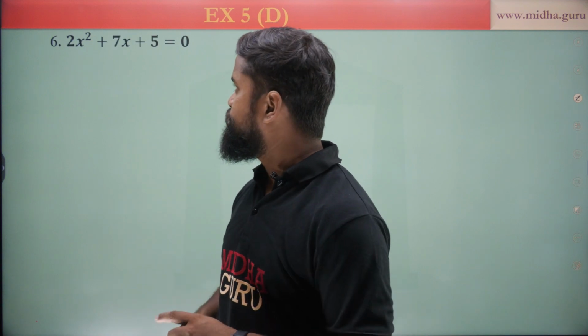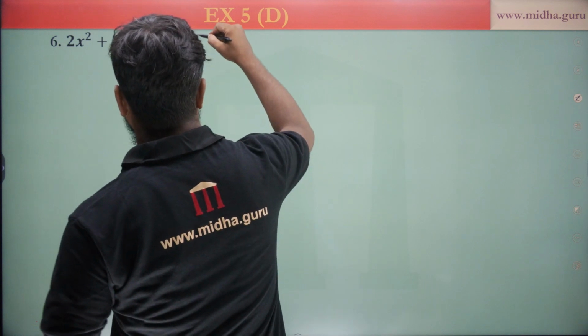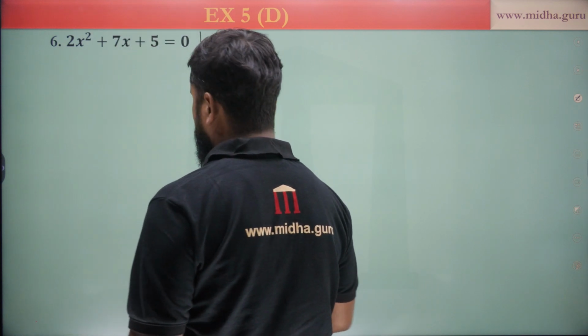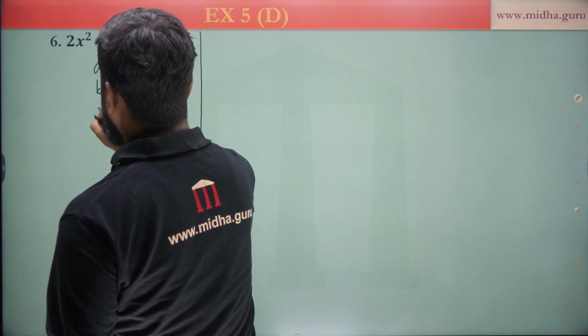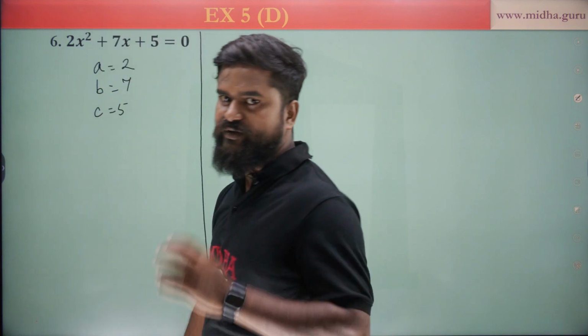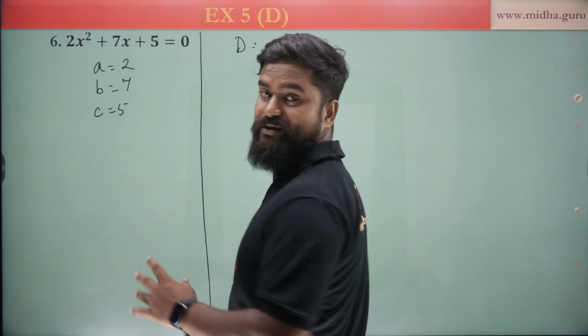Now the next equation is 2x square plus 7x plus 5 is equal to 0. Now since this is also in the standard form, we'll just take the values of a, b and c. A is 2, b is 7 and c is 5. So all of them are positive. Now the discriminant we know is b square minus 4ac.